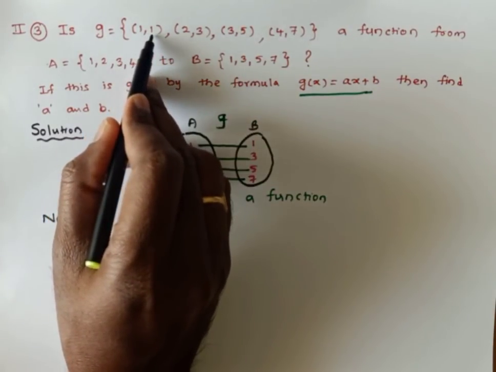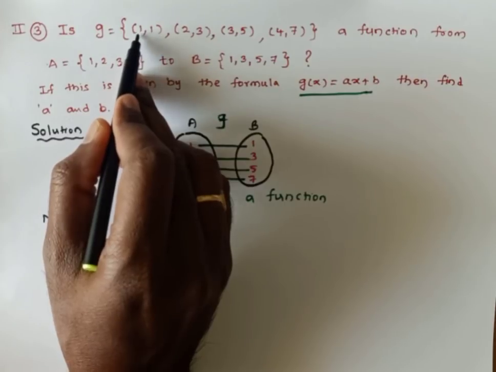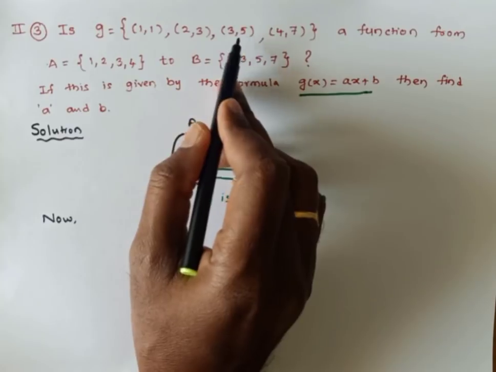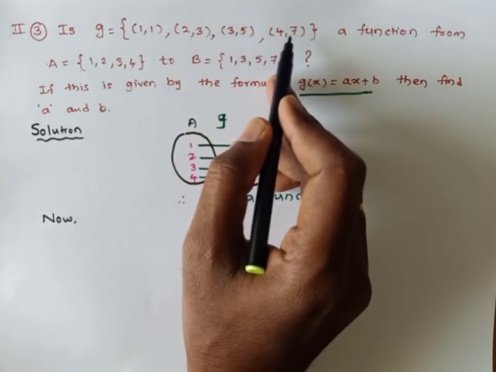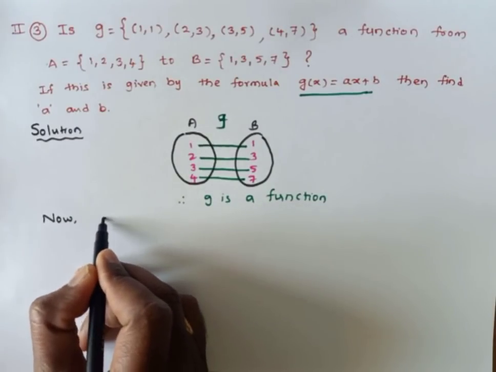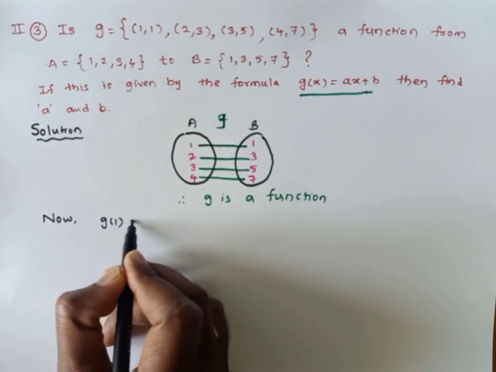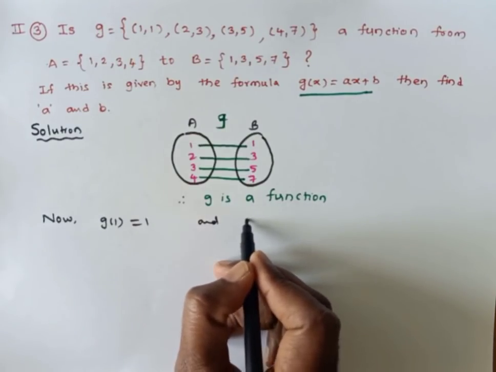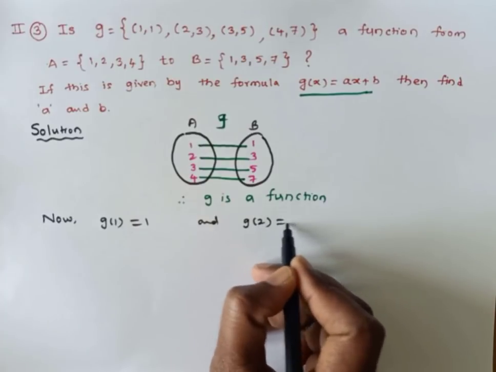The image of 1 is 1, so we can write g of 1 is 1, g of 2 is 3, g of 3 is 5, g of 4 is 7. You can use any two images. For example, I am taking g of 1 equals 1 and g of 2 equals 3.